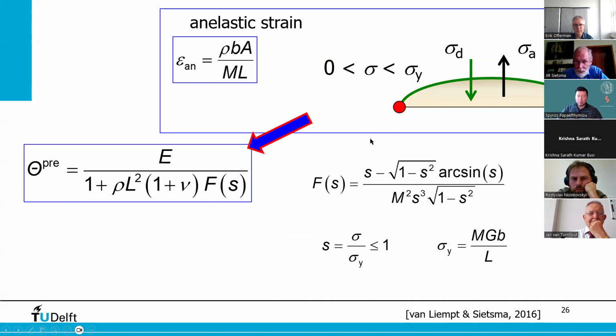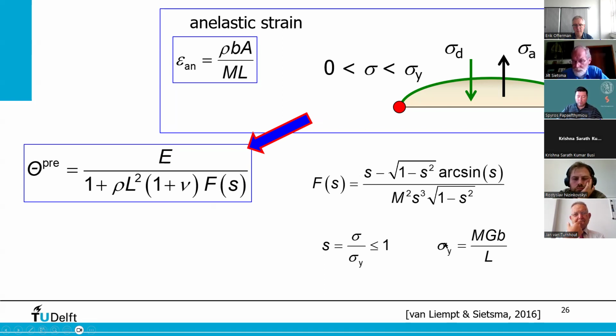Well, it can all be quantified, because if you assume this bowing out to be a circle segment, you can just do the mathematics. You end up with a function that's a bit complicated, but can be handled, of course. So this pre-yield slope, theta, which is d sigma d epsilon, is proportional to the Young's modulus, the Poisson ratio, these two parameters of the dislocation structure, and this function f of s, and s is the reduced stress, so sigma over sigma yield, so it's between 0 and 1.